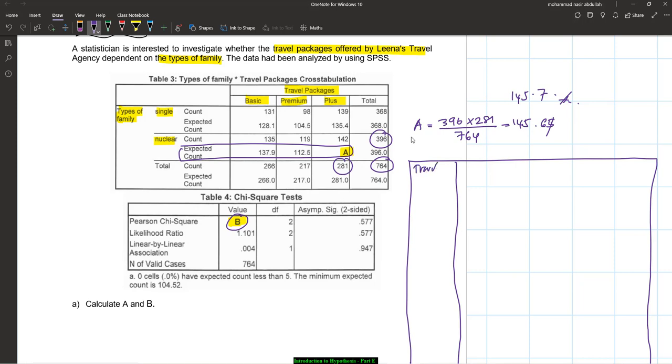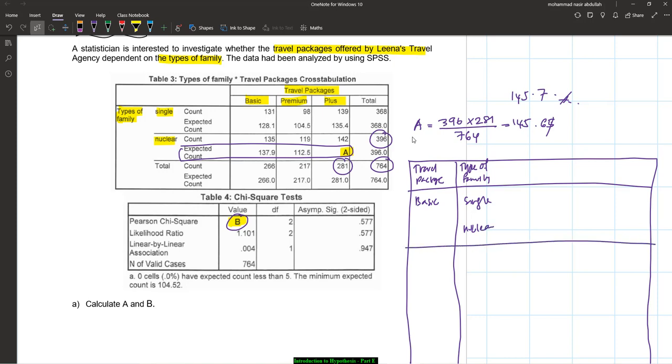This is travel package, and then we have type of family. For travel package we have basic, and for basic we have single and nuclear. Same goes to premium.